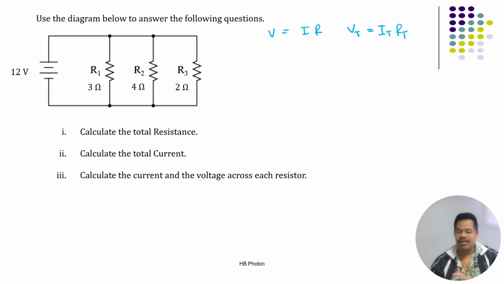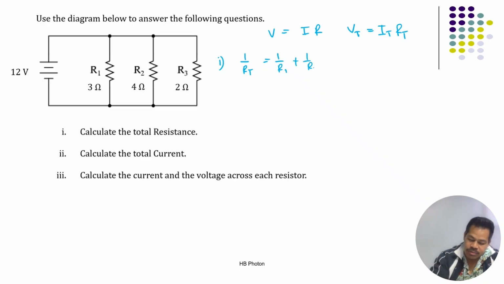IT is the total current and RT is the total resistance. So to find RT, the total resistance, the formula is 1 over RT is equal to 1 over R1 plus 1 over R2 plus 1 over R3.